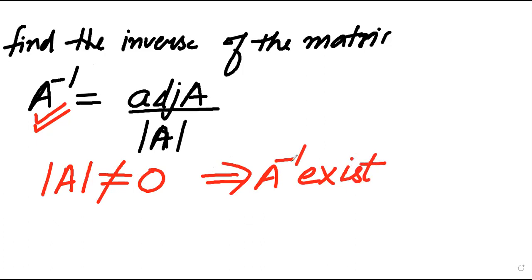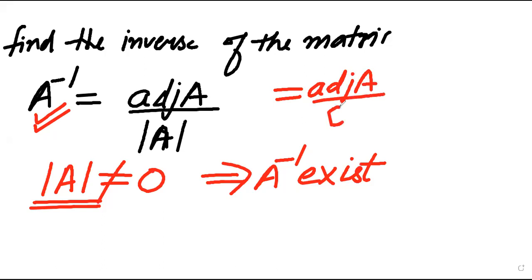Everyone will do the same step, that before finding A inverse, they will find the determinant. Okay, don't directly go to the adjoint of A. First you have to find determinant of A, and then if it is not equal to 0, why? Why will this be so? Because adjoint of A divided by determinant of A, if it is 0, something divided by 0, is it defined? No, the answer is not defined.